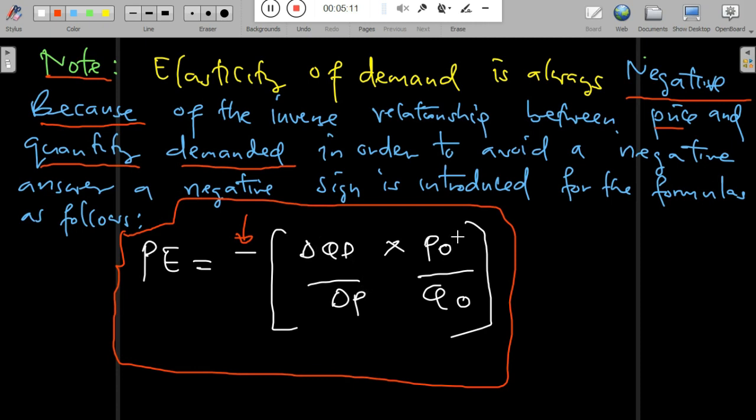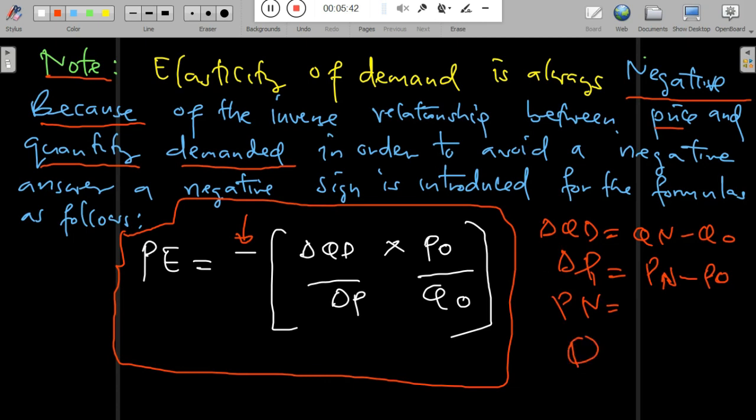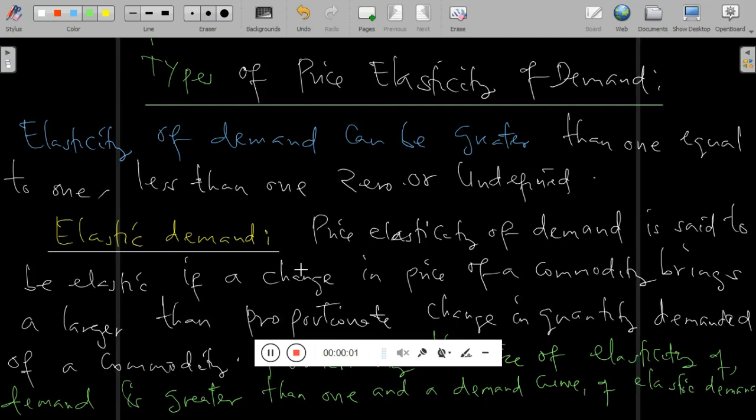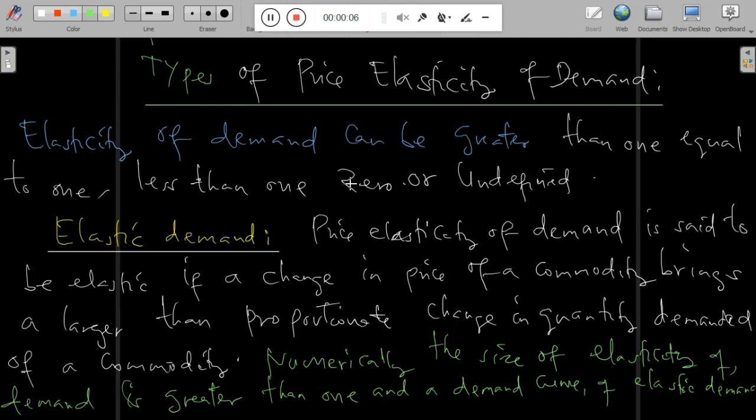That is how it is actually applied. The change of quantity demanded, as I told you, includes Qn, the current quantity, and Qo, the base year quantity, and the change of price involves Pn, the current price, and Po, the old price. So that is how we do it.